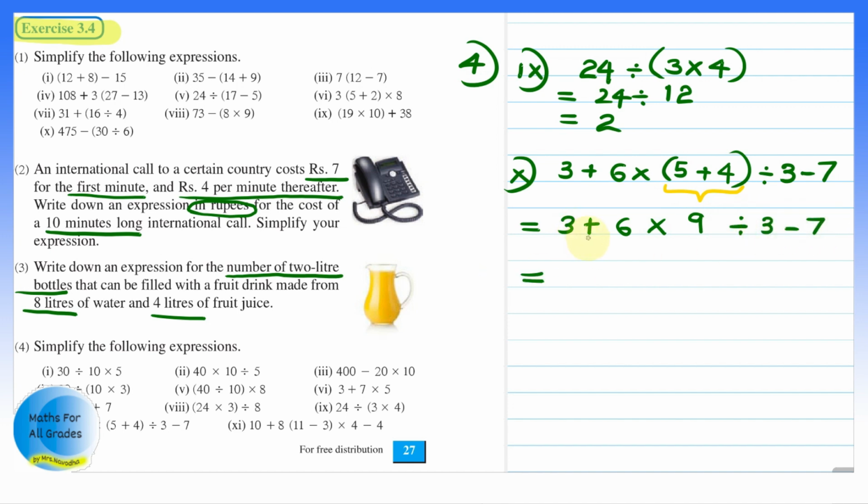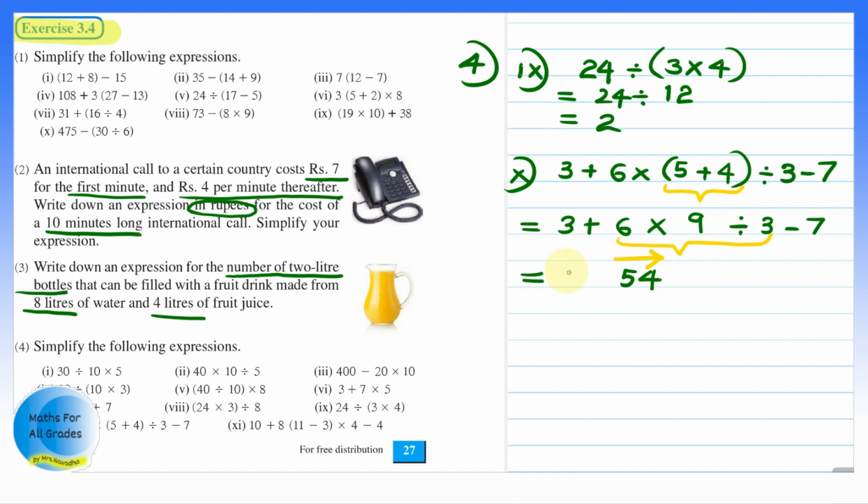Now look at here, you got addition, multiplication, division and subtraction. And here you focus on the multiplication and division. So the rule is start from left to right. That means we go for the multiplication first. 6 times 9 equals 54.